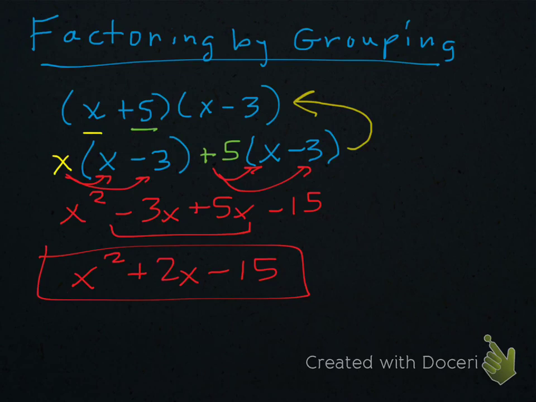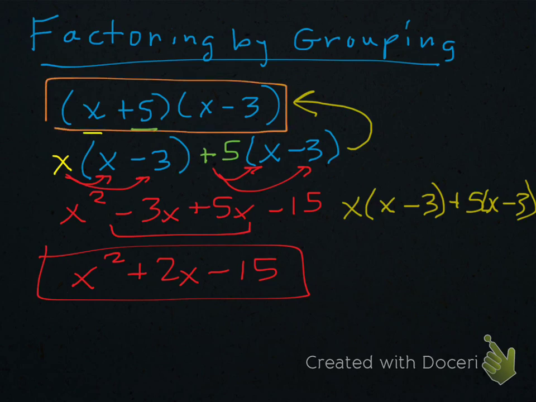So remember that factoring is the opposite of distribution, or the opposite of multiplying binomials. So if we were given something like this, x times x minus 3, plus 5 times x minus 3, and we were asked to factor this, what we're wanting to do is we're trying to go back to this original thing right here.